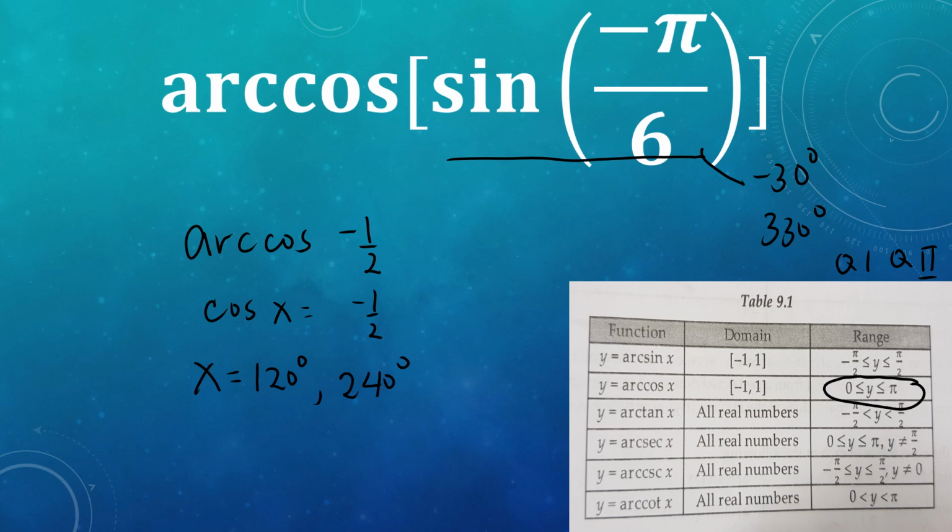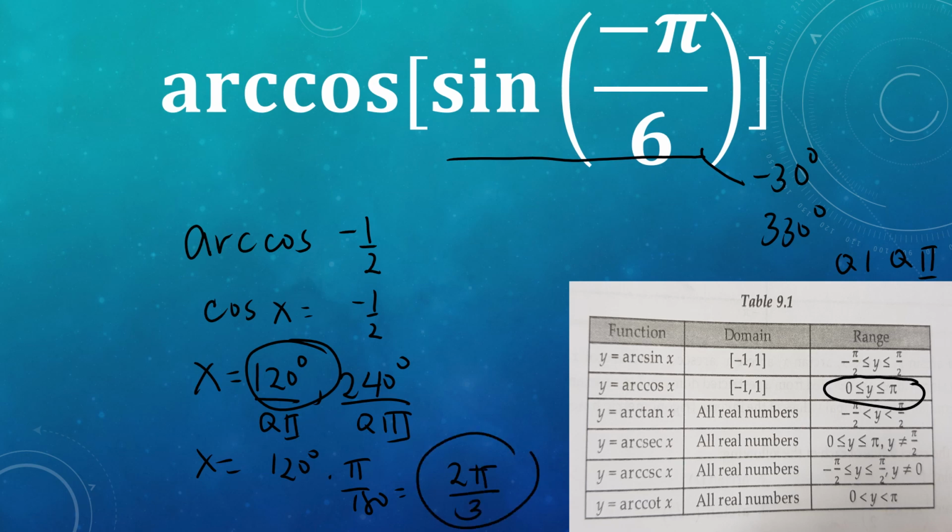So 120 degrees falls in quadrant 2, while 240 degrees falls in quadrant 3. Therefore, the answer is 120 degrees because 240 degrees is not within the range of arccos. Then we transform this into radian measure, times pi over 180, which is equal to 2 pi over 3. So the answer is 2 pi over 3.